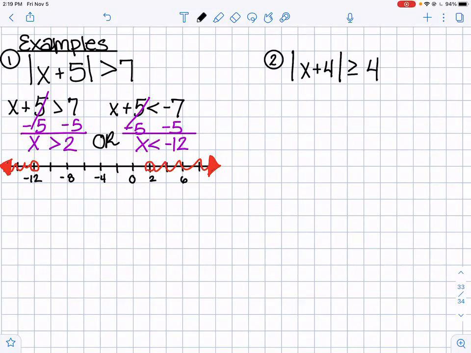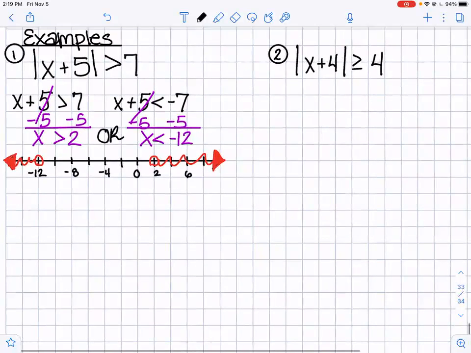Try number 2, see if you can do it. Hey, I told you it's not better.